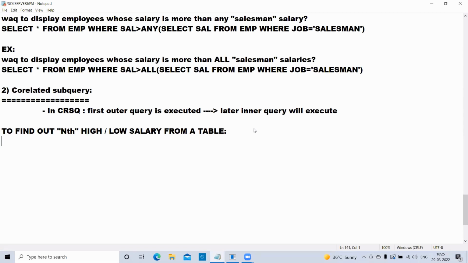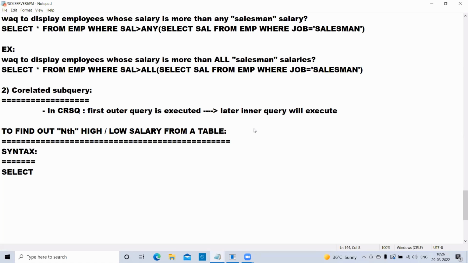Suppose you need to find the first highest or lowest. Not only the highest, we can also find the lowest salaries. First I will give my correlated syntax for finding the nth highest or lowest salary.